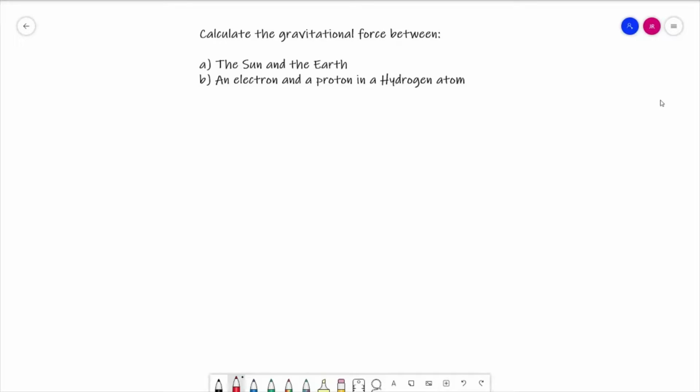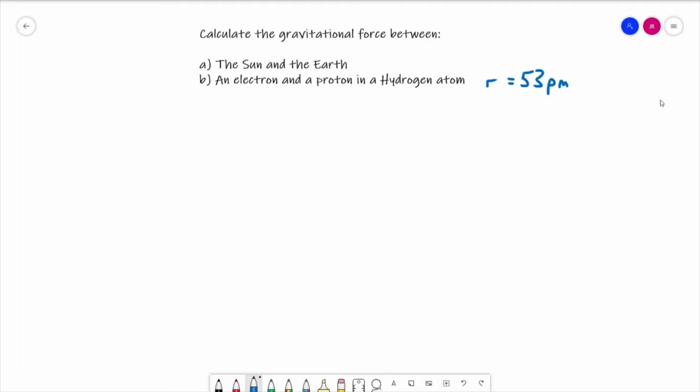So here now is your question for this video. Calculate the gravitational force between A, the Sun and the Earth, and then B, an electron and a proton in a hydrogen atom. The one piece of data that I will give you is the radius of a hydrogen atom is 53 picometres.